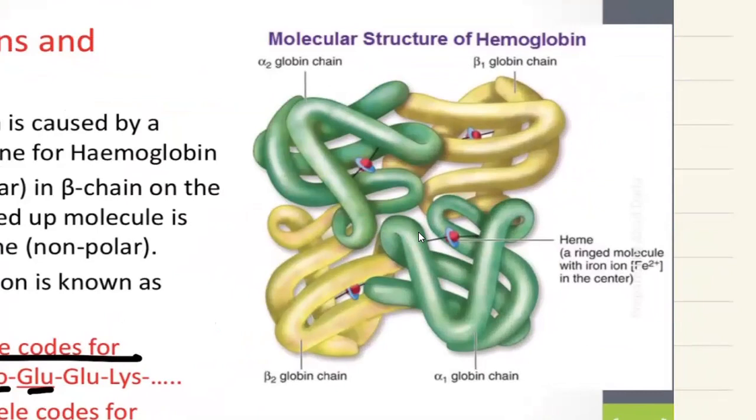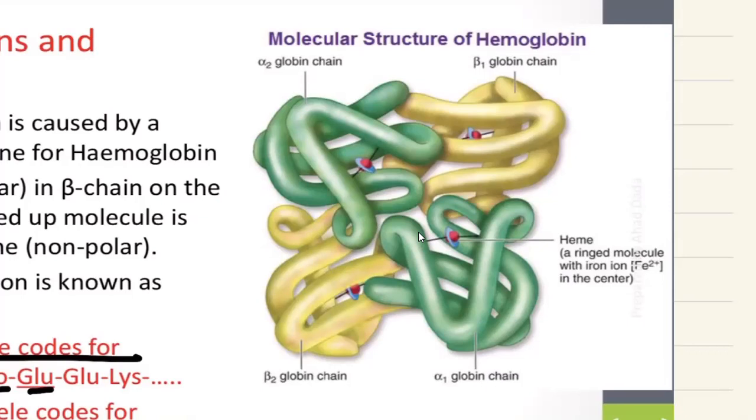Besides that, we have 4 polypeptide chains, 2 alpha and 2 beta chains. Acha. When we talk about mutation and give the example of sickle cell anemia, we are only worried about the change in the beta globin chain. Nothing is wrong with the alpha chain. Nothing is wrong with the heme groups, only the beta globin chain.